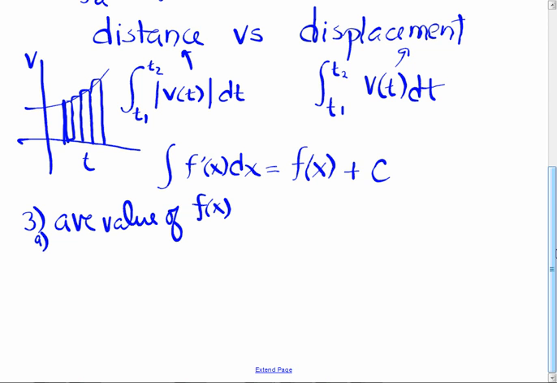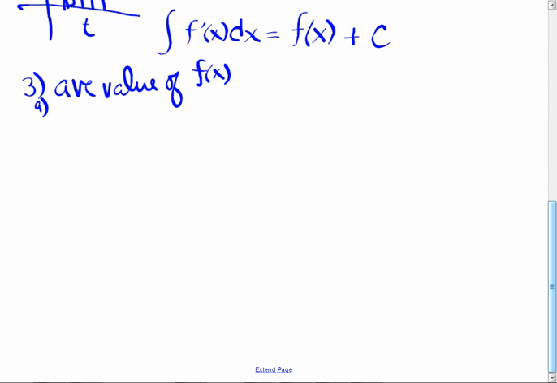Now, what is the average value of a function? It's all the y values added up, divided by how many I have. I'm averaging the y values, the heights of the function. So, how do you add them up? That's what this does. It adds them up from a to b of f of x dx.